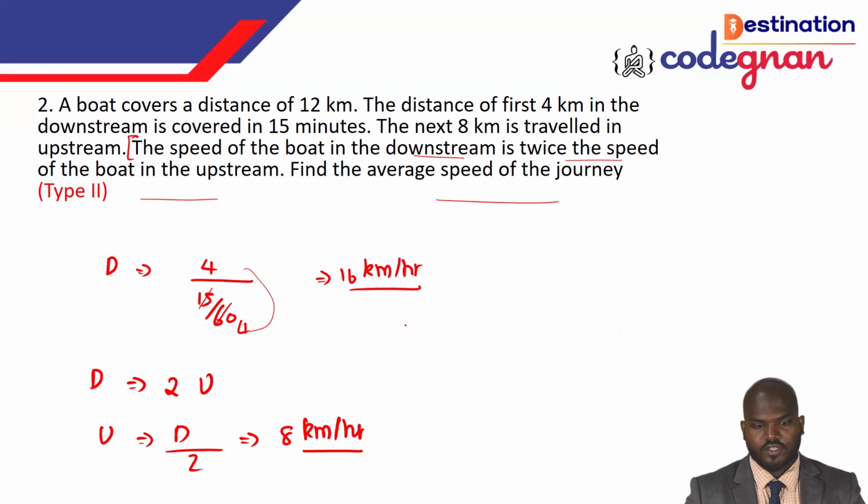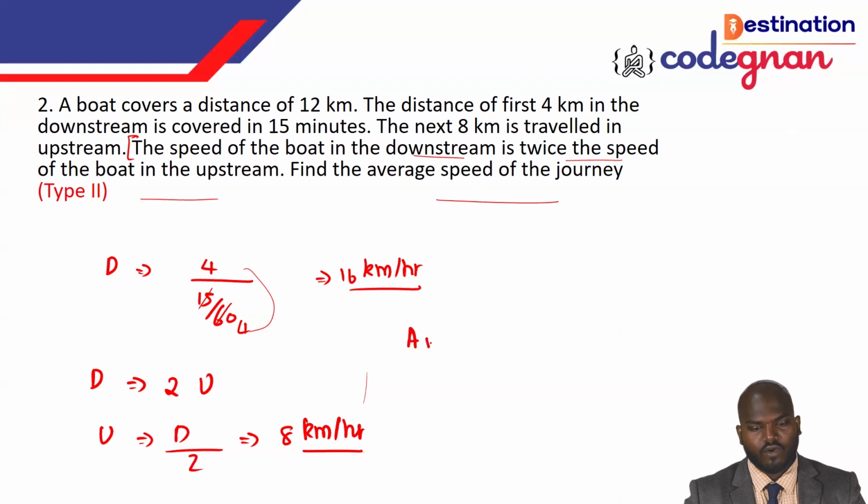Average speed, so you see this one, 16 plus 8. What many people will do is d plus u, that is 16 plus 8, 24 by 2, that is 12 kilometers per hour, and they will mention that as the answer and move on. But that's not the way you need to deal with it here.